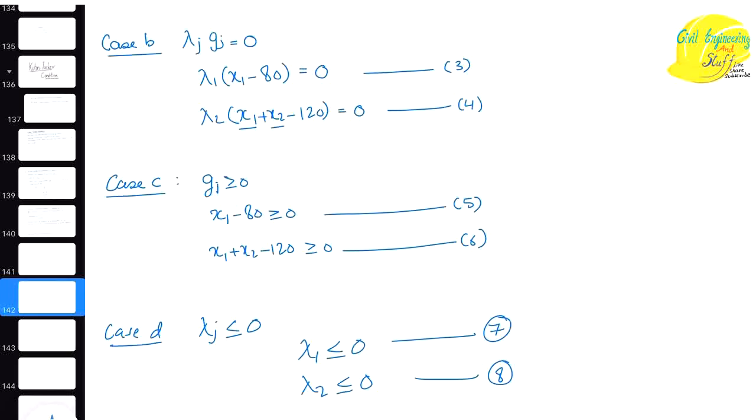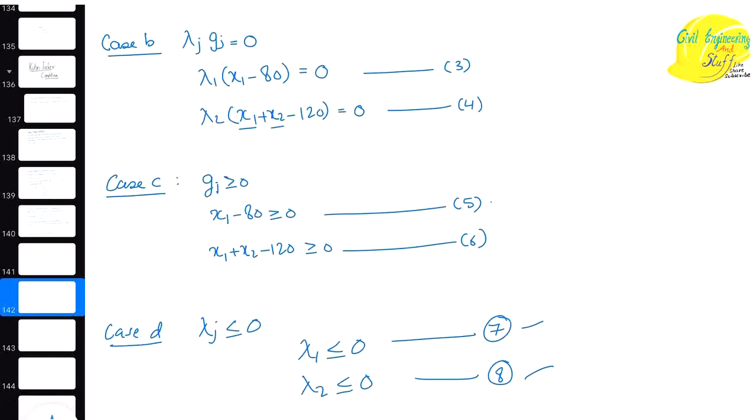Our values of lambda 1 and lambda 2 are 0, so these conditions are fulfilled. Now let's check equation number 5. Equation number 5 says that x1 minus 80 should be greater than or equal to 0. Our x1 is minus 30. Minus 30 minus 80 is equal to minus 110, which is not greater than or equal to 0.